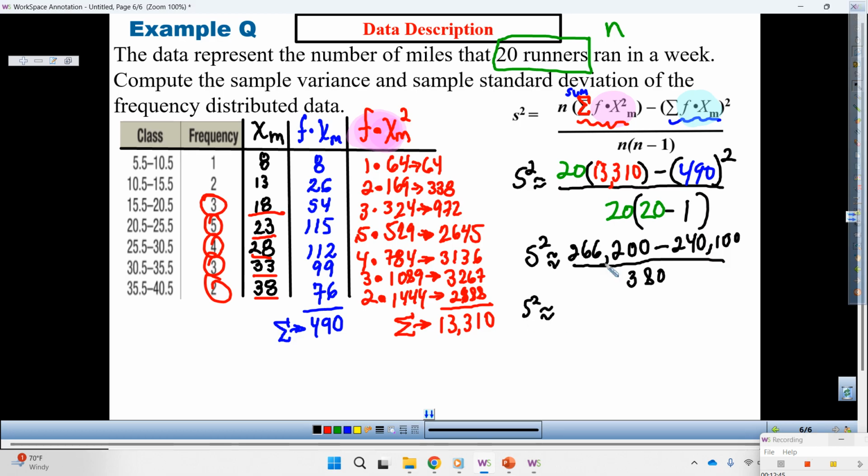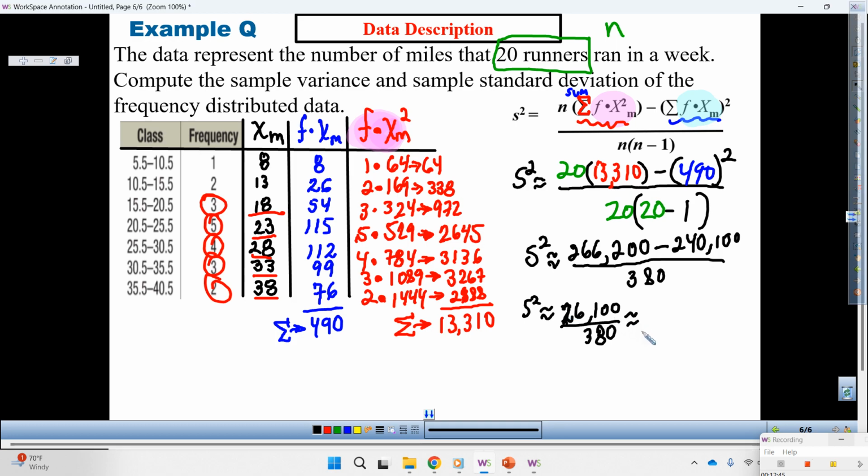Variance is approximately 266,200 minus 24,100. That's, is it 16,100 divided by 380? Oh, no, it's 26,100. 26,100 divided by 380.